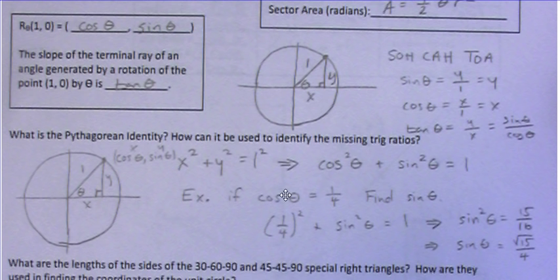So, for example, if I knew that the cosine of theta was 1/4, I could use the Pythagorean identity to find out what the sine of theta was, and if I knew what the sine and the cosine were, I could use those both to find out what the tangent of the angle is. So we can use the Pythagorean identity to find the other trig ratios when you're given one of the trigonometric ratios.